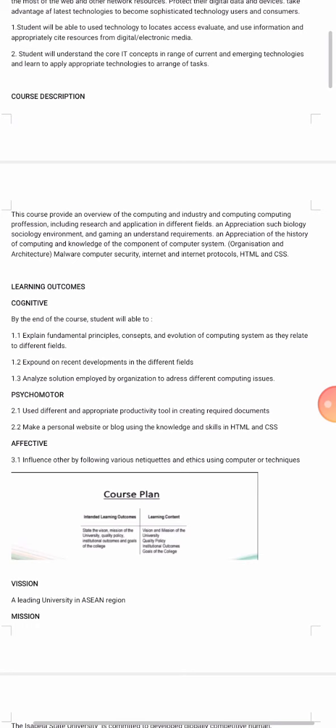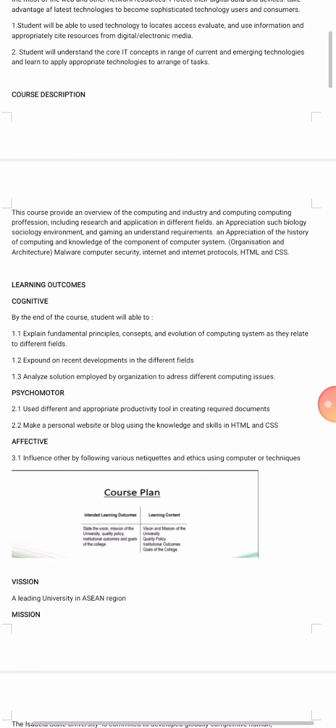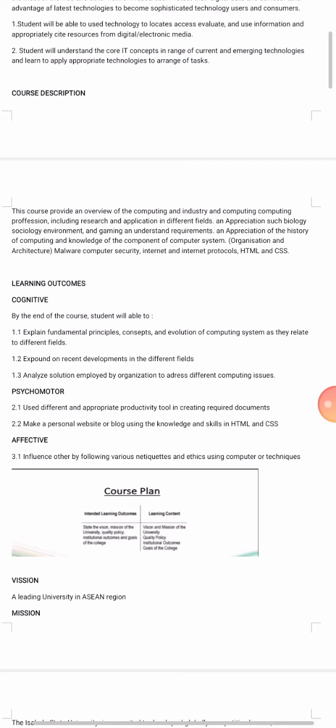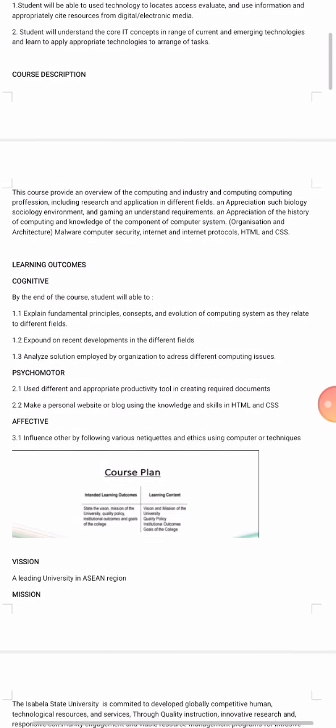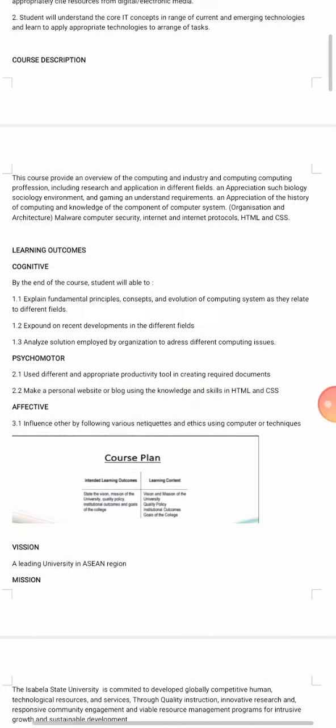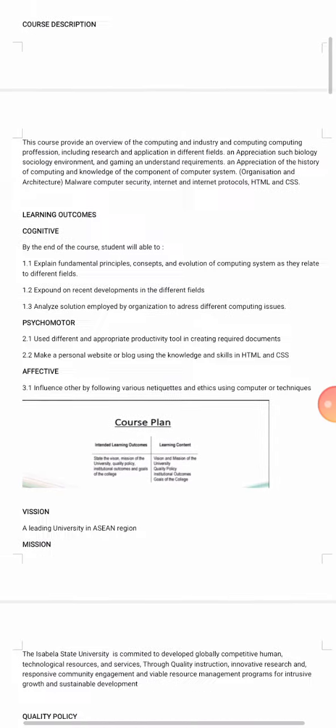An appreciation of the history of computing and knowledge of the components of a computer system. Organization and architecture. Malware, computer security, internet and internet protocols, HTML and CSS.